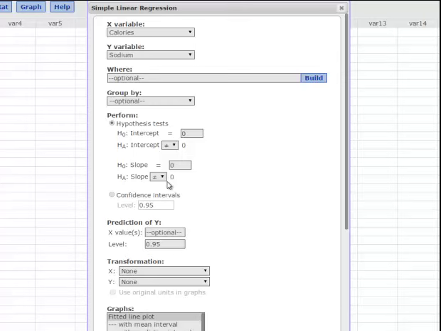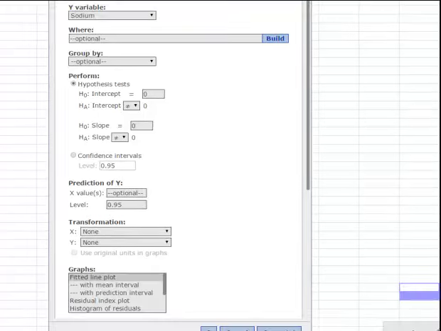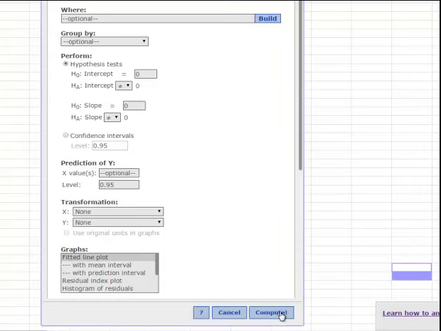If that's negative, then we would have a negative linear relationship if we've determined that rho is significant. And if r is positive, and also significant, that would mean we have a positive linear relationship. Okay, so I'm going to go ahead and press Compute.